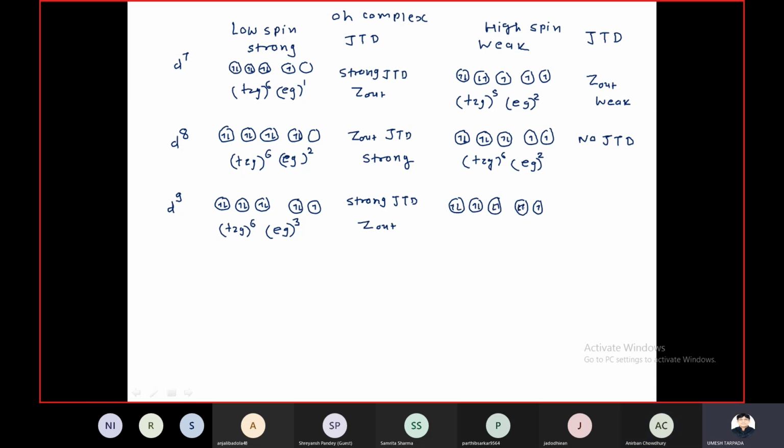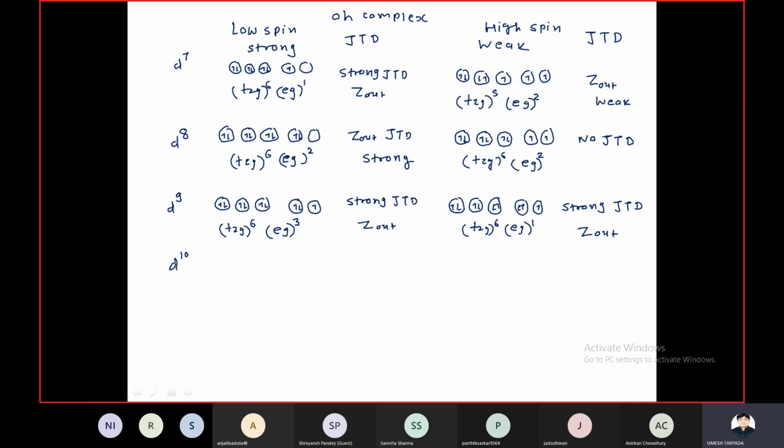That's why the copper complex is very familiar for Jahn-Teller distortion. It's T2g6 eg3, and therefore whether the ligand is strong field or weak field, you can have a strong Jahn-Teller distortion. It is called Z out.